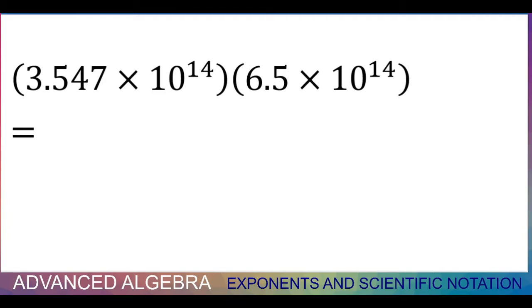Anong gagawin natin? Unang gagawin natin, i-multiply itong 3.547 sa 6.5, then itong nasa dulo, i-multiply naman natin dito sa kabila. Paano yan? Solve natin.